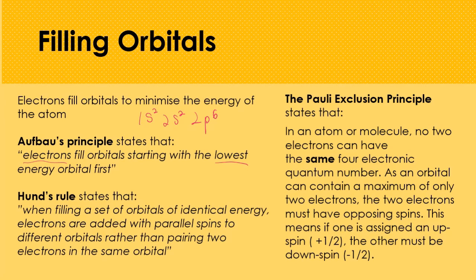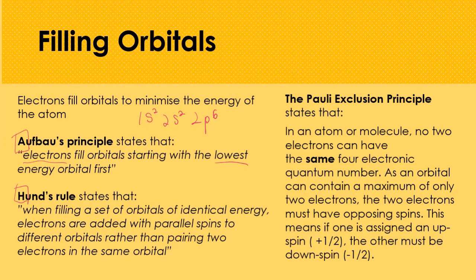Then Hund's rule. One easy way to remember Hund's rule is half. And A in Aufbau means the first alphabetical order, which gives you an idea that it has to be filled from the lowest energy level.